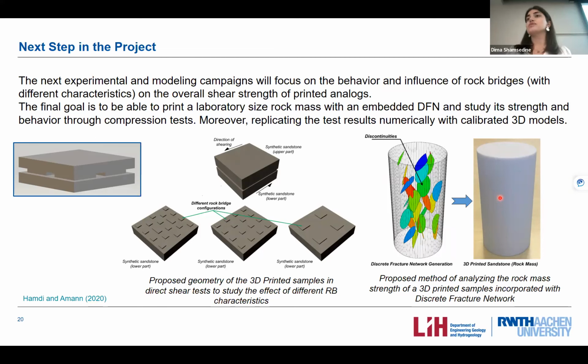It shows us that we are able to print a discrete fracture network inside a laboratory scale rock mass.